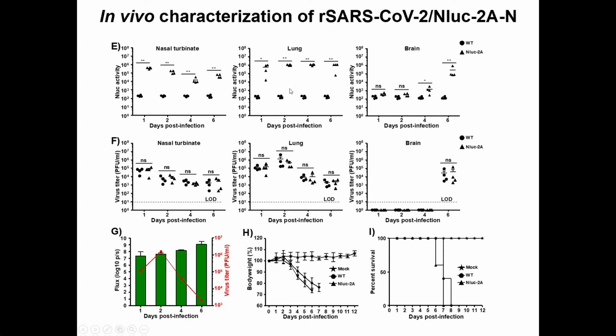Importantly, we were able to detect nanoluciferase expression in these tissues, the nasal turbinate, lungs, and brain, of the mice infected with the nanoluciferase virus, and obviously we did not detect it in mice infected with the recombinant wild-type virus.